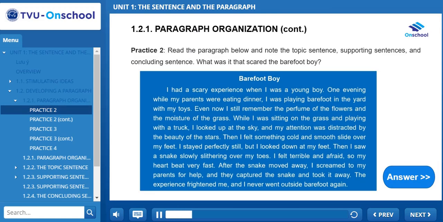To help you understand these three important parts of a paragraph, let's practice. Can you read the paragraph on the screen and note the topic sentence, supporting sentences, and concluding sentence?